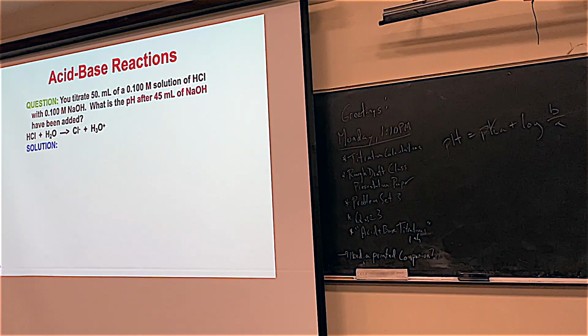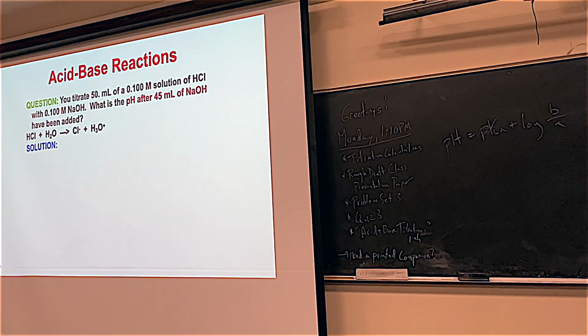So the moles of HCl divided by moles per liter of sodium hydroxide would tell you how many liters, and then milliliters. However, because the concentrations are the same, if we have 50 milliliters of HCl, it's going to take 50 milliliters of NaOH to reach equivalence. You can do it mathematically, or if they're the same concentration, it's going to be the same number.